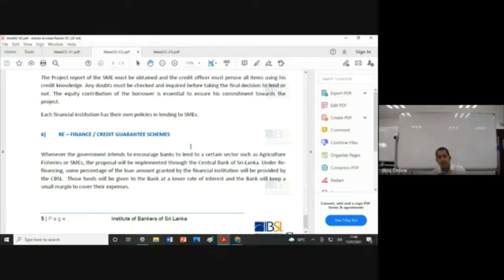It is not the market rate, it is lower than the market rate. Forex risk, that is exchange rate fluctuation, is borne by the government, and the credit risk has to be borne by the lending institution or the bank, right? Whether you recover or not, you need to pay it back to the government, right?